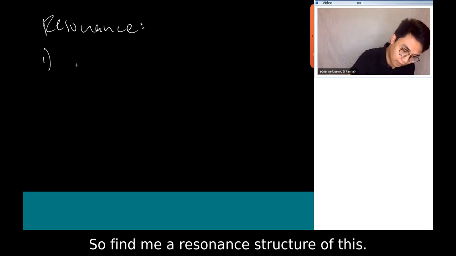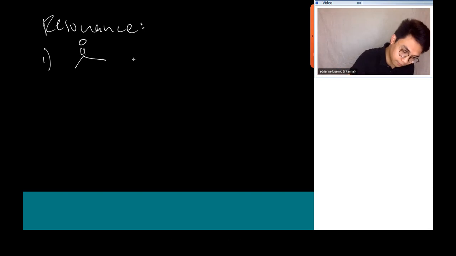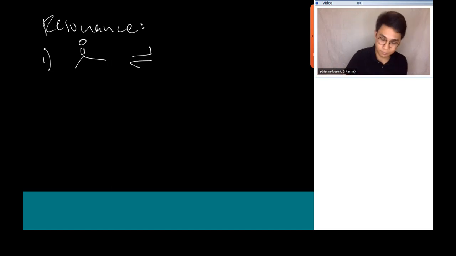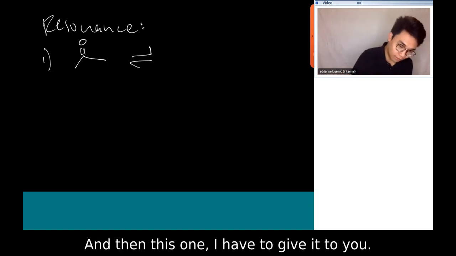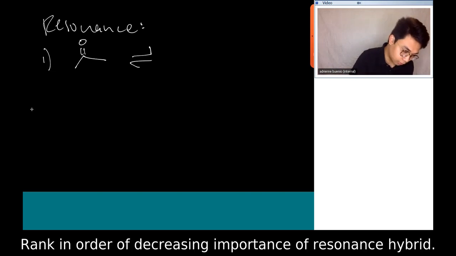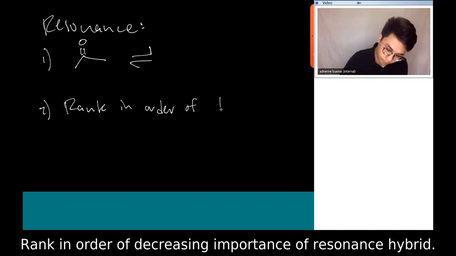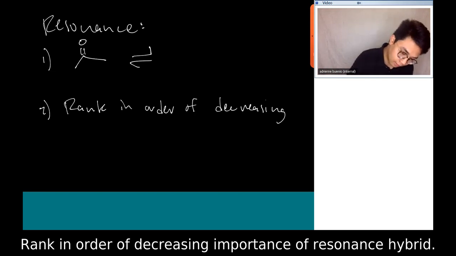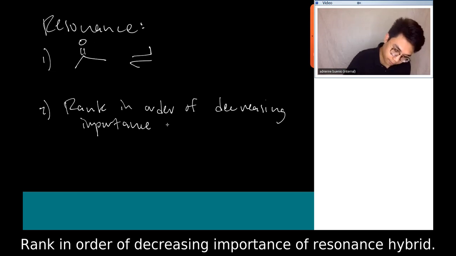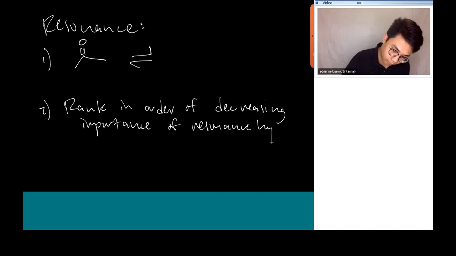So find me a resonance structure of this, right? So making you draw. And then this one, I have to give it to you. Rank in order of decreasing importance of resonance hybrid.